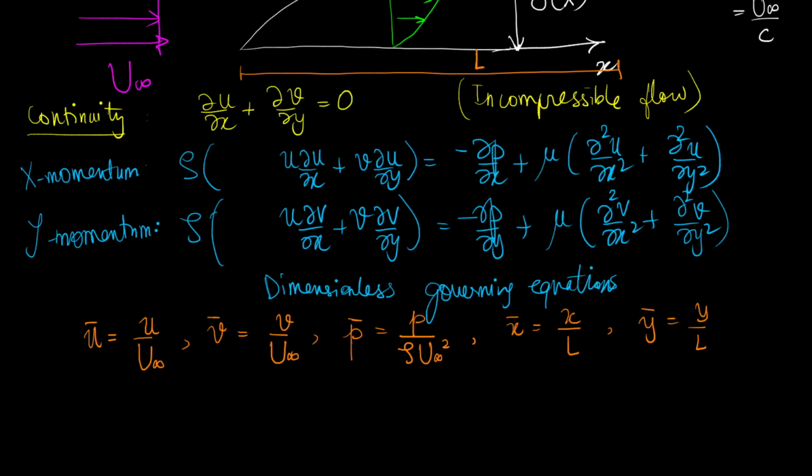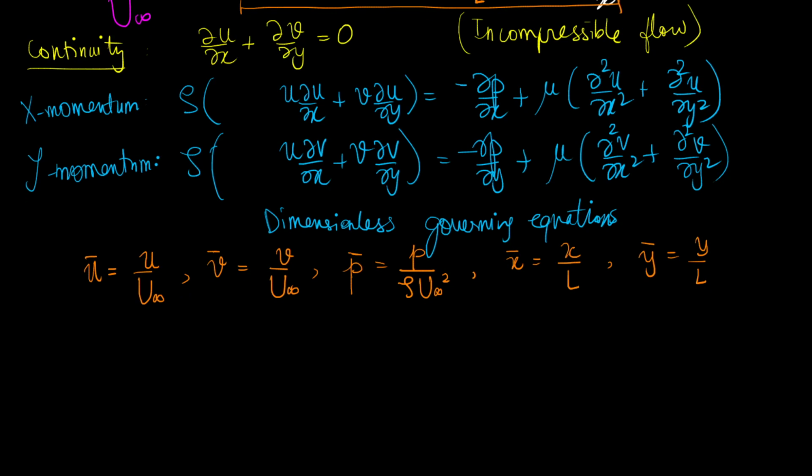So there is nothing sacrosanct about the choice of the dimensionless parameters. We just have to ensure for now that all the terms are dimensionless. This is obviously dimensionless, this is also obviously dimensionless, and we only have one velocity in the problem, that is the incoming velocity, and we have only one length scale in the problem as of now, and that is the length of the plate.